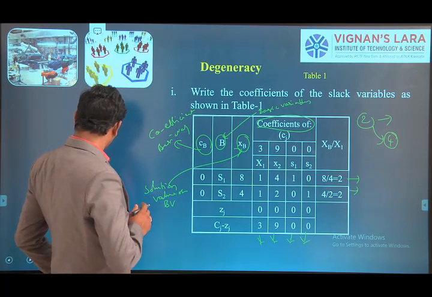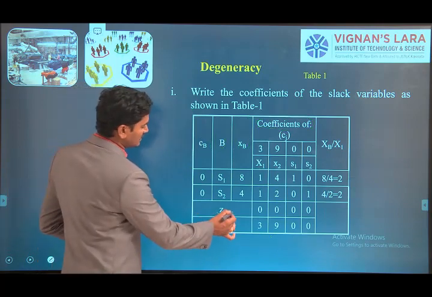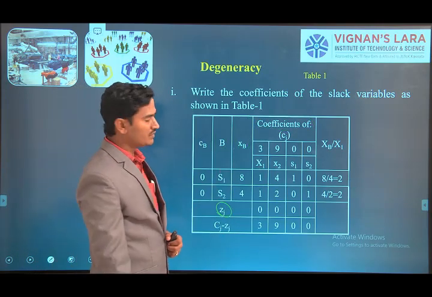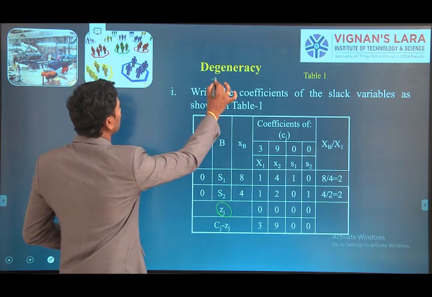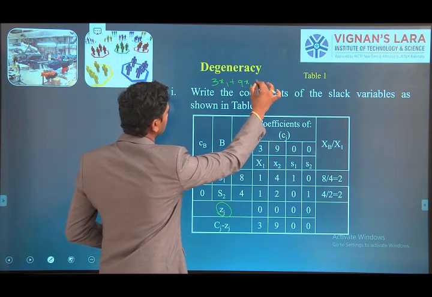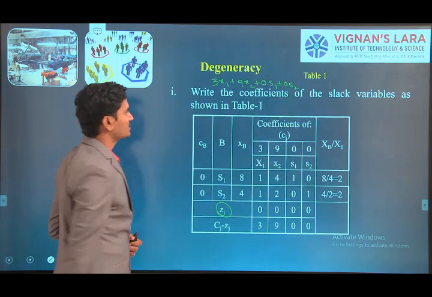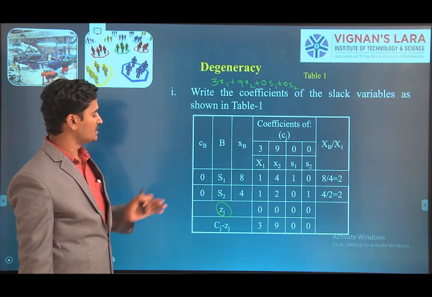Now we are going to check the Zj minus Cj value. What is Zj? It comes from the coefficients of the objective function. Here our objective function is 3x1 plus 9x2 plus 0S1 plus 0S2. From this we find the Zj value.